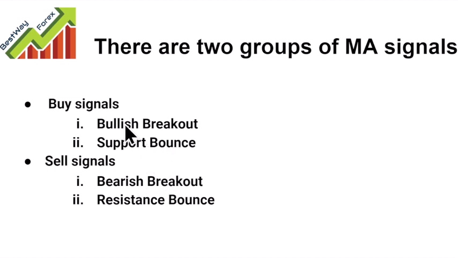And when the price goes to a moving average that is acting like a resistance, what happens? Either it will break that resistance, which is a bullish breakout, or it will bounce, a resistance bounce. That means the price has reached the resistance and bounces back.